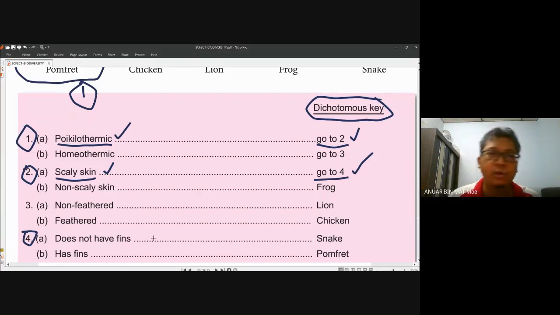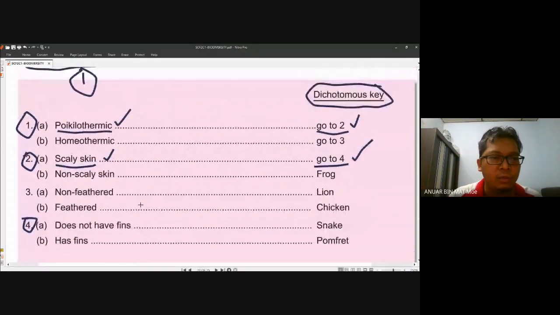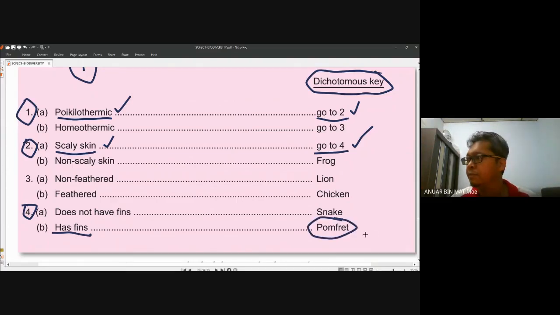So you go back to the species. It has the fin here, so 4A or 4B? Of course, it has fin. Yes, very good. It has fin, so it is a pomfret.